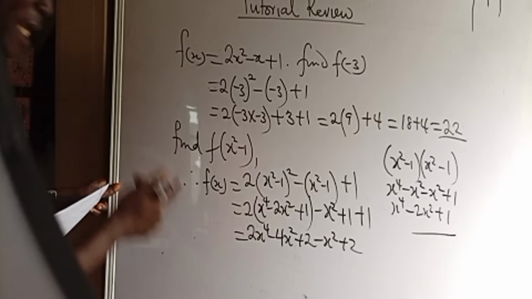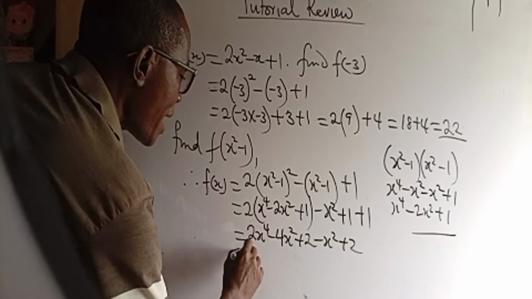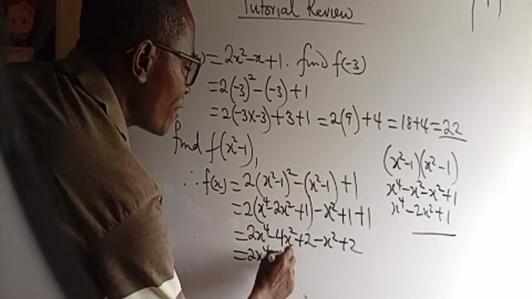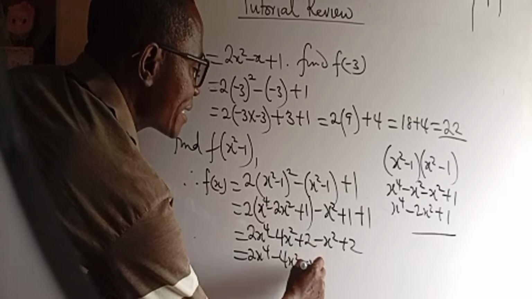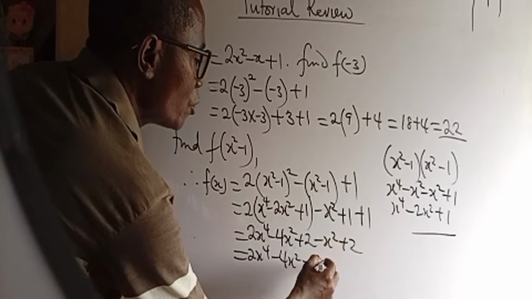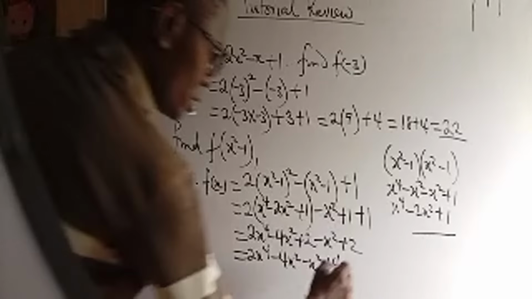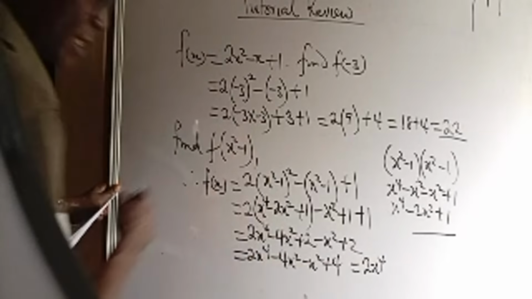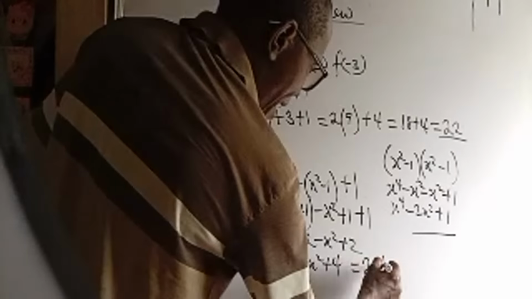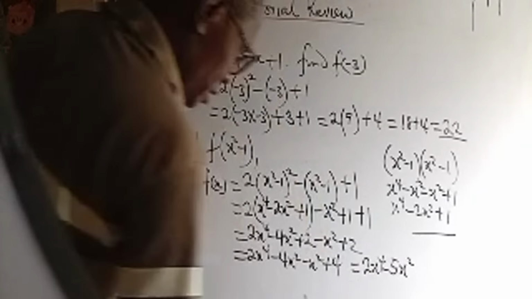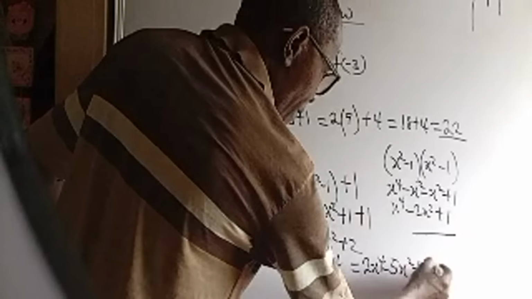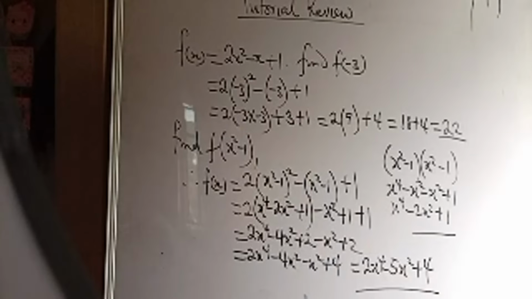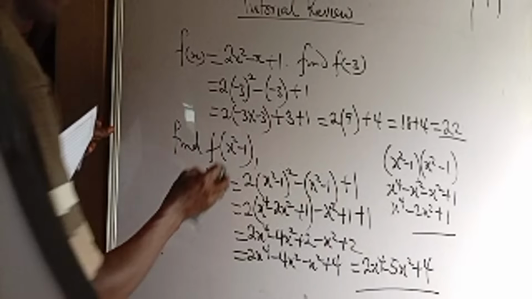Okay, so let's collect like terms: 2x raised to power 4, minus 4x squared, minus x squared, plus 2, plus 4. That gives us 2x raised to power 4 minus 5x squared, then plus 4. So that is the result.